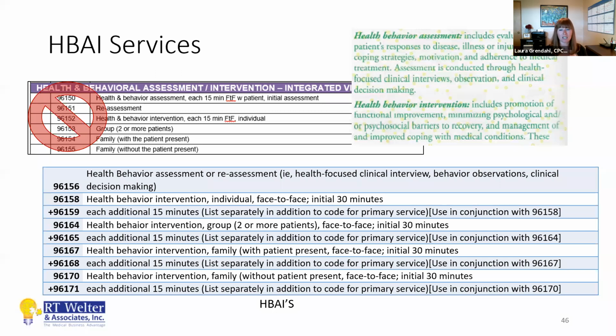So instead of getting one flat rate regardless of time, now we're being reimbursed for our initial 30 minutes, as well as add-on codes for each additional 15 minutes, which is really great. It will allow you to start seeing a little bit more coming back from a reimbursement standpoint for that time spent.